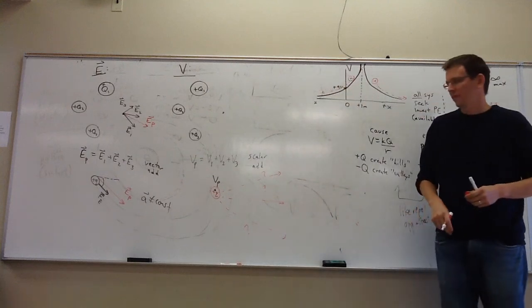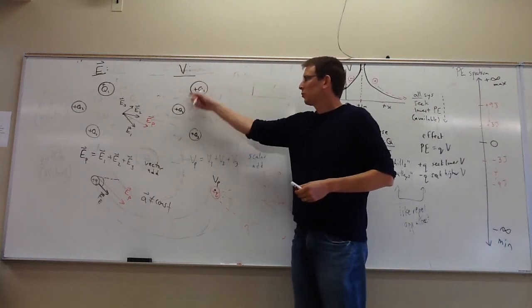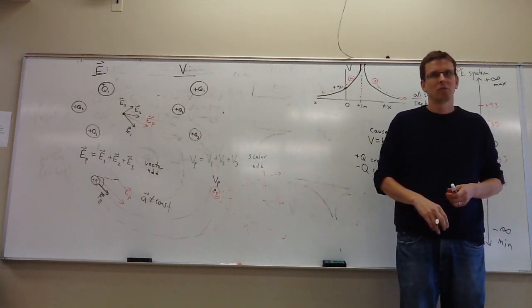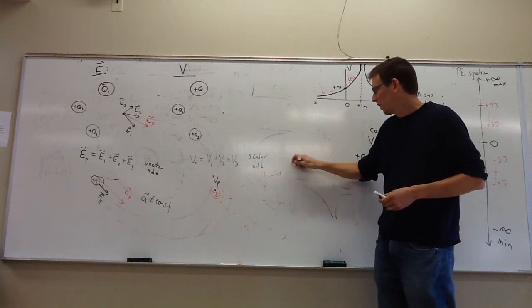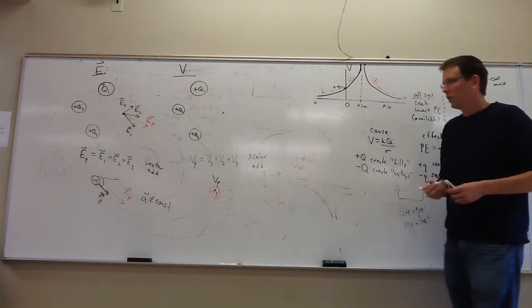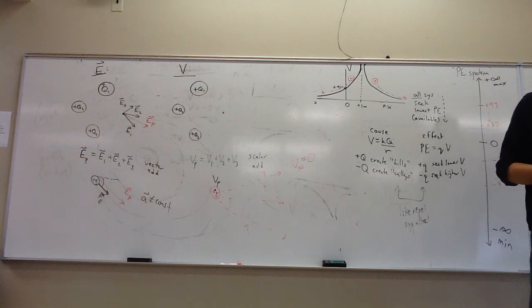But we do know this. When it gets very far away from these charges, what is the voltage contributed by each one? 0. So the final voltage over here, very far away at infinity, is 0. So we could actually do the energy computation here very easily, just like we were doing before, right? KE plus PE.